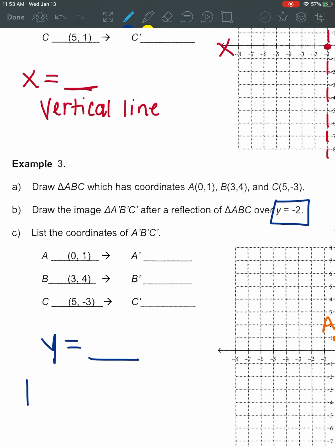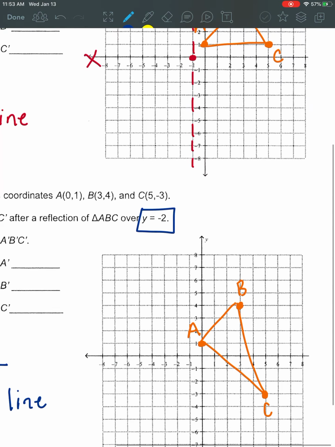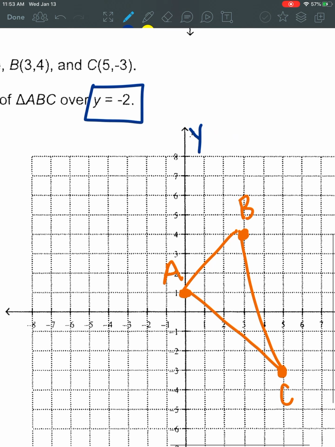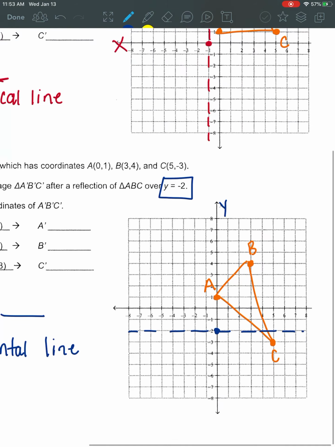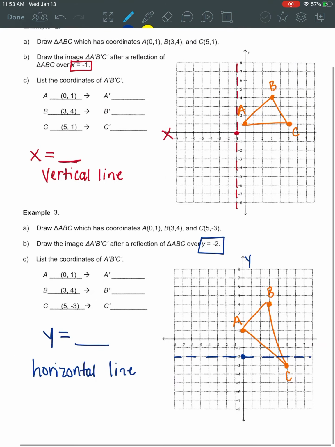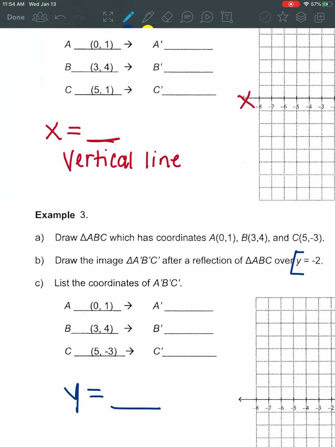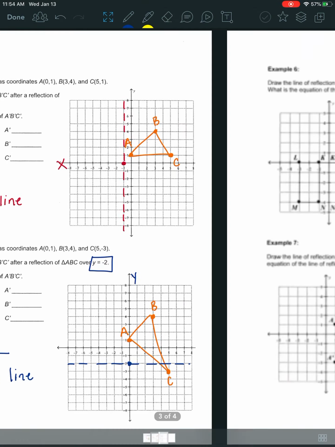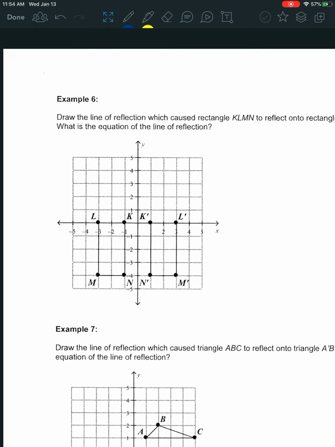So any sort of y equals equation is going to be a horizontal line. And again, it just depends on what number's there. In this case, it's negative 2, so go to your y-axis and go down to negative 2, and then it is a horizontal line. So you're going to reflect that pre-image, that orange triangle, over that blue dotted line, and then again write your new ordered pairs, your images for those, okay?